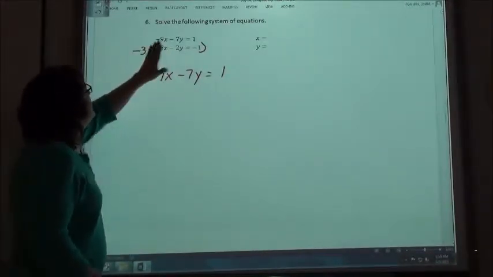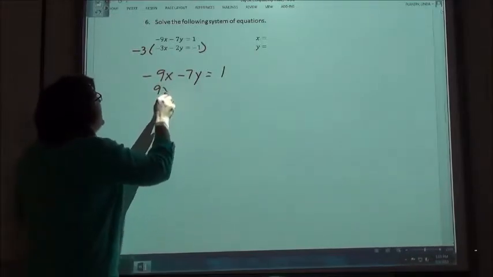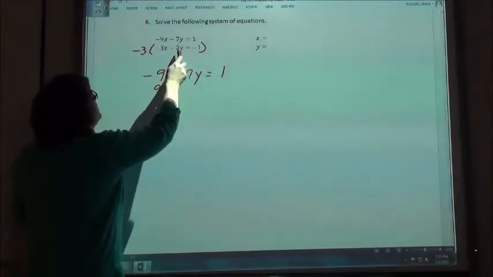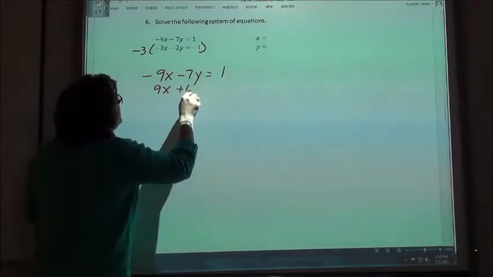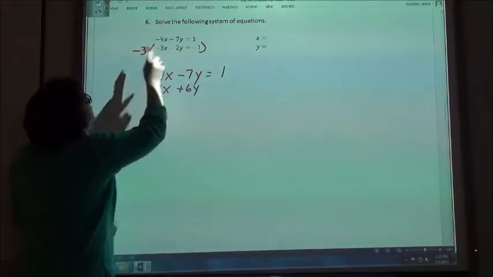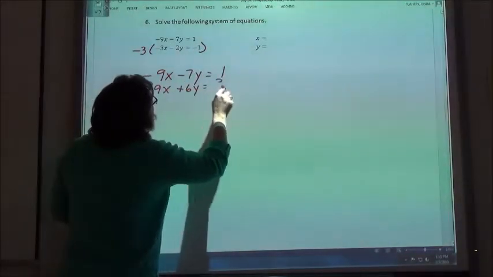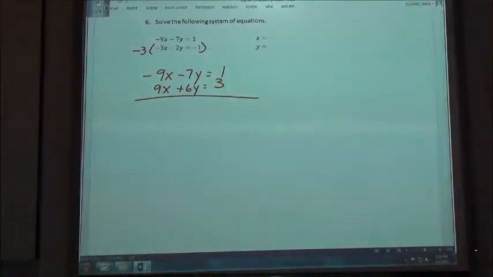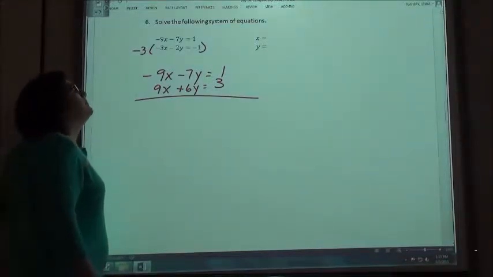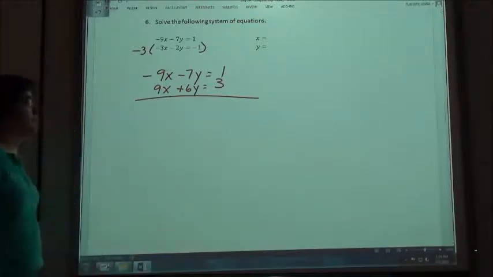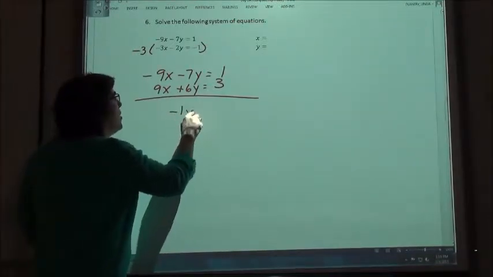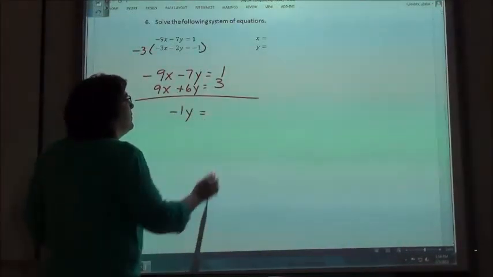Negative 3 times negative 3x would be 9x. Negative 3 times a negative 2y would be positive 6y. And negative 3 times a negative 1, positive 3. So if I add those two equations together, I'm going to get negative 1y equals 4.